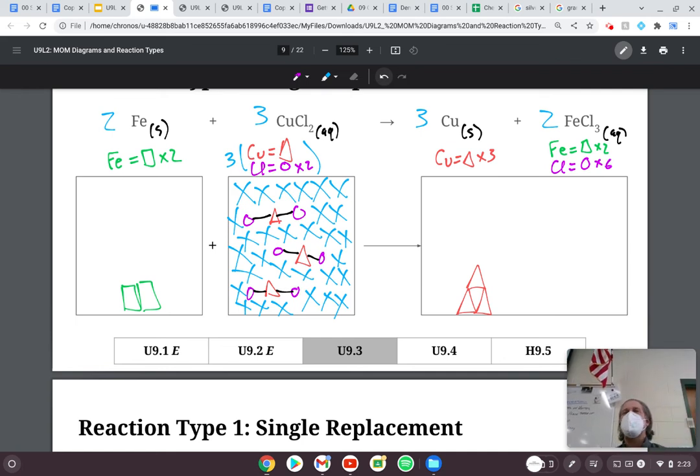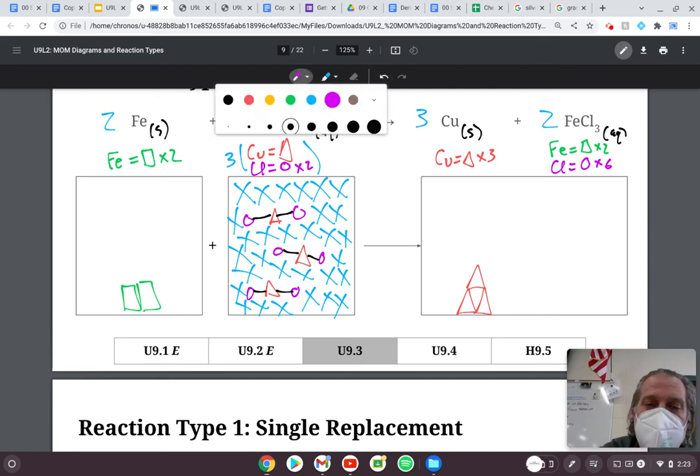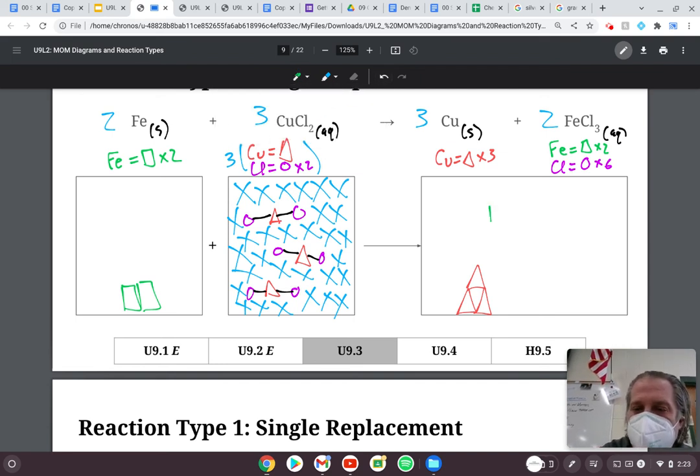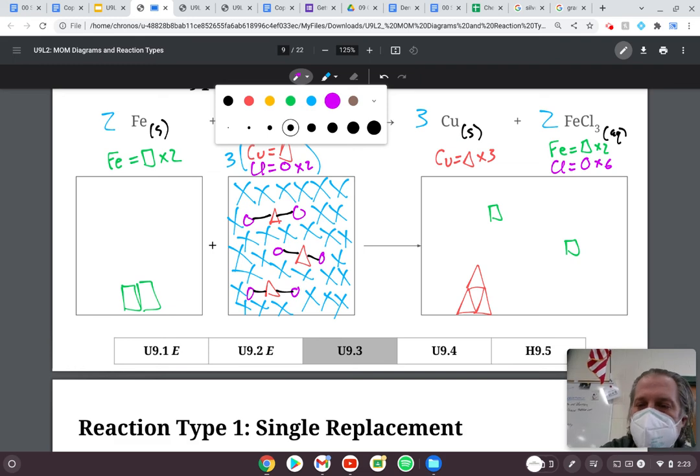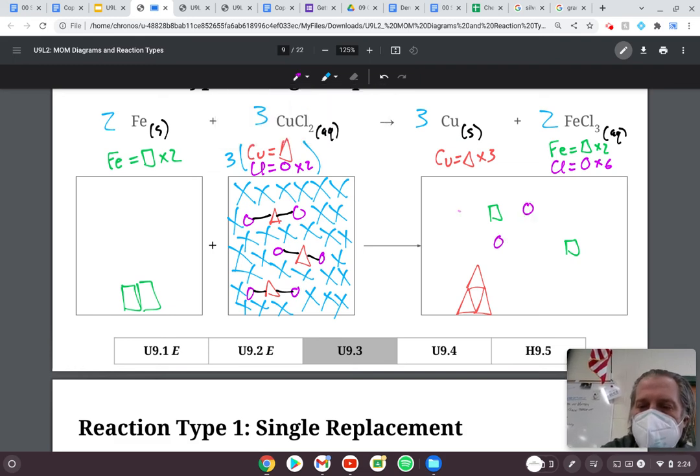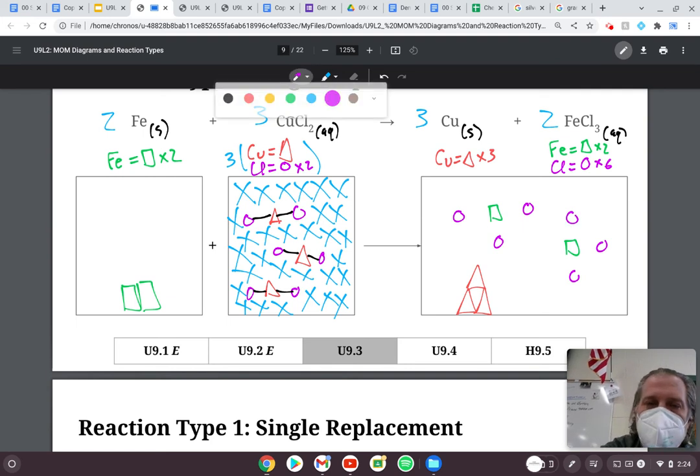So now I'm going to draw those units to look something like this. So I've got a square, I've got a square, and to each square, I'm going to bind 3 chlorines with a dash.